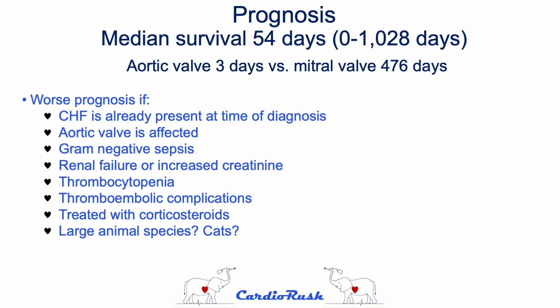And the prognosis was worse in animals that already had congestive heart failure at the time of diagnosis, if the aortic valve was affected, if they had a gram-negative organism, if they had kidney failure, thrombocytopenia, or thromboembolic complications, and if they were treated with corticosteroids. Less information is available with regard to the prognosis or survival time in large animal species and cats.